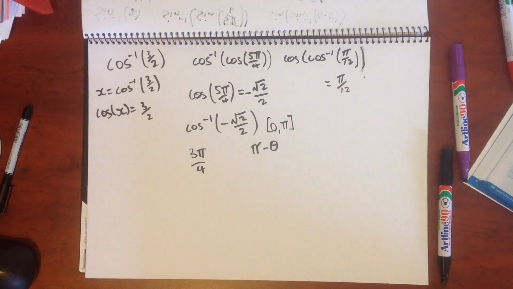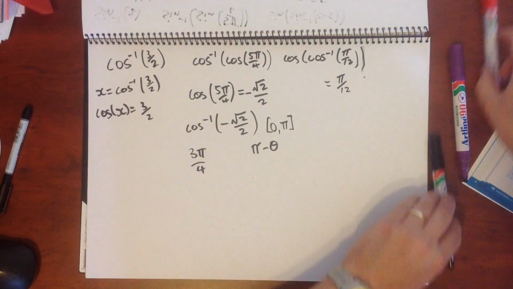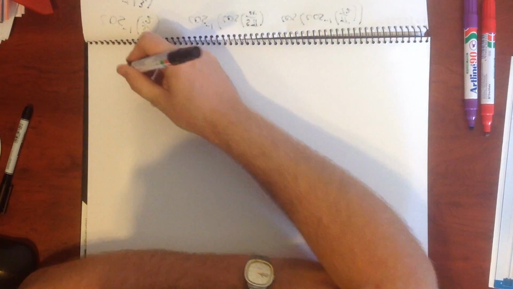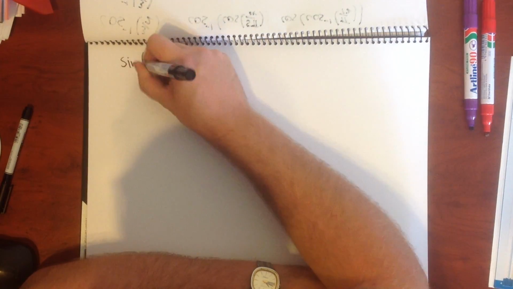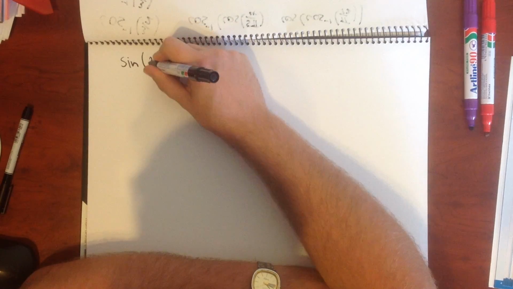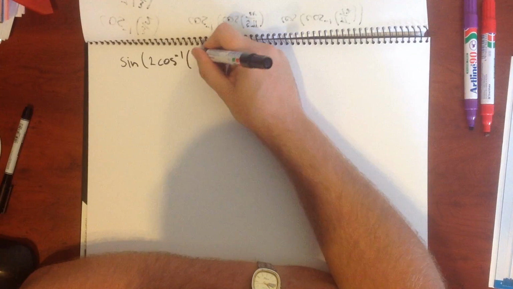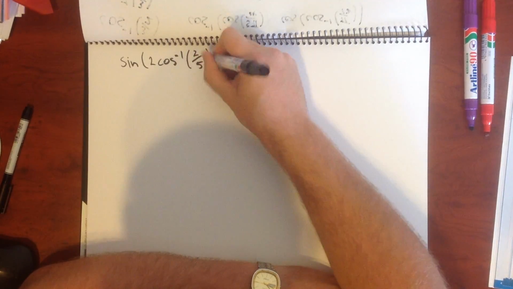So we need to look at our double angle formulas. We've used our double angle formulas before, but we have to use them in these types of questions as well. So we want to find the exact value of sine of 2 inverse cos of 2 on 5.